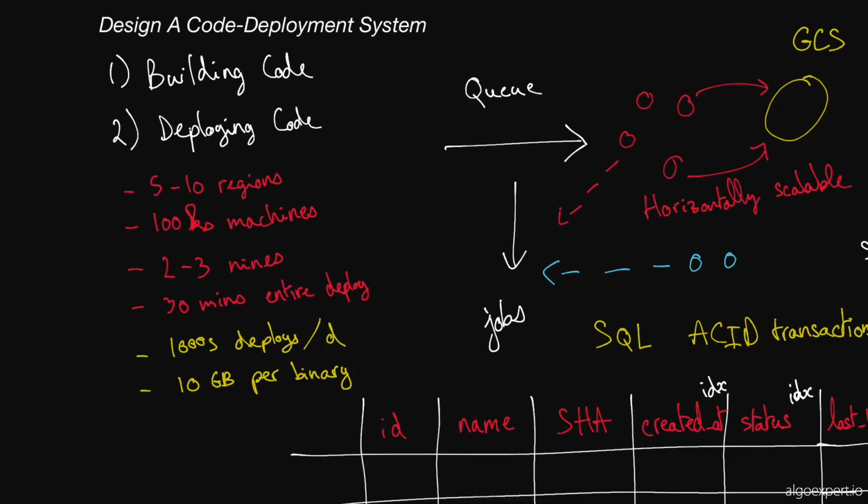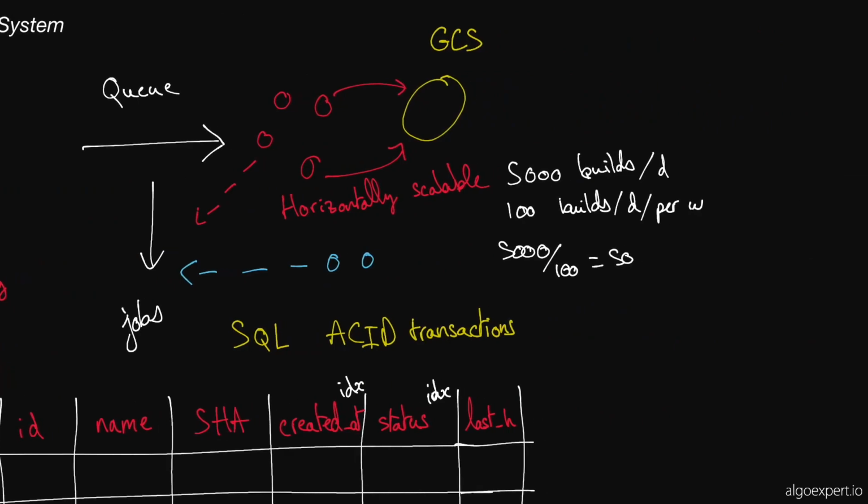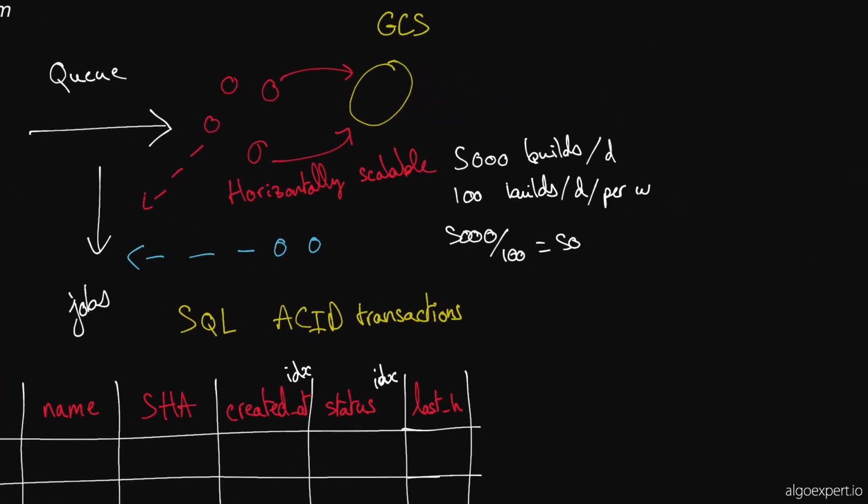I do have another question. Okay. So I mentioned earlier we have 5 to 10 regions, right? But you only really mentioned a single blob store, or a single bucket of GCS. How does that story change when you take into account the fact that those builds will have to be eventually deployed worldwide?